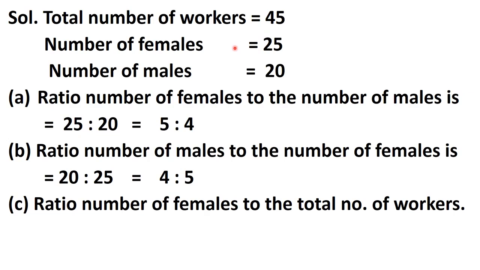So you have to read the question very carefully, and if you have first written all the information, all the data given to us in the question, then there is least chance of mistakes. So ratio of female, first you will write down 25, is to total number of workers, 45. So it is 25:45, and when we reduce it, we will get 5:9.